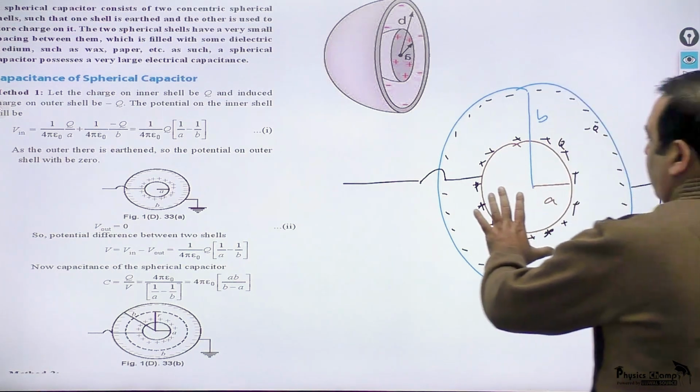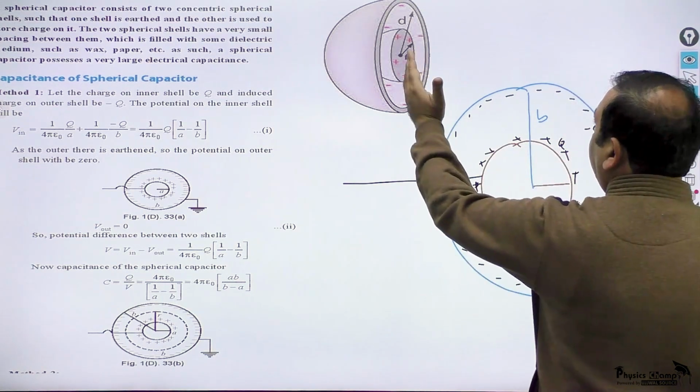And if I take the cross section of this arrangement, it would appear like this.